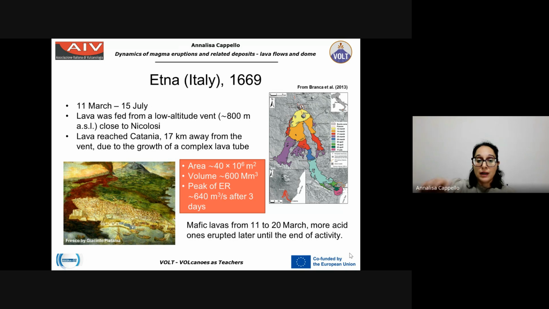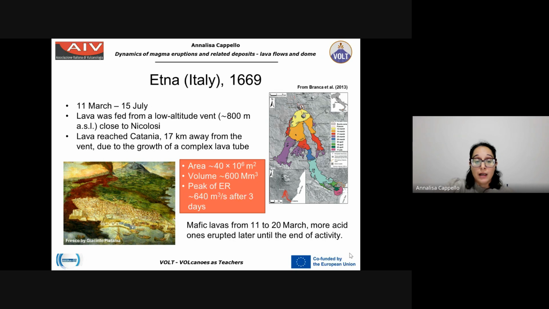For this reason, it formed like a crust. So it formed these lava tubes, and then the event that is called ephemeral vent destroyed the city of Catania.